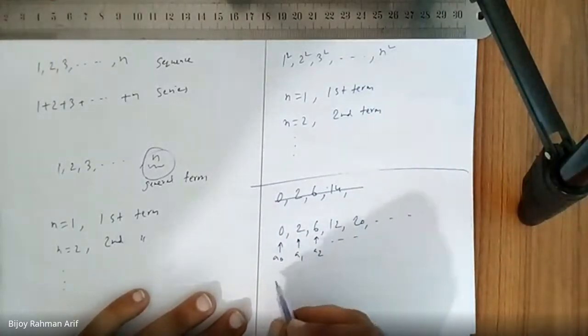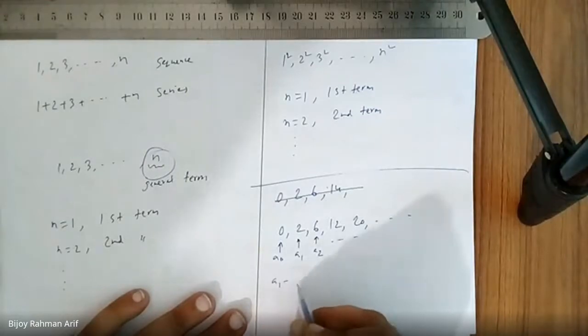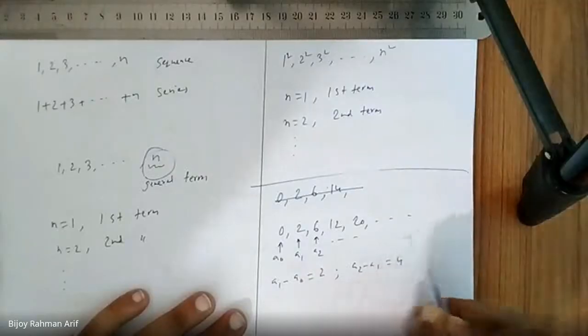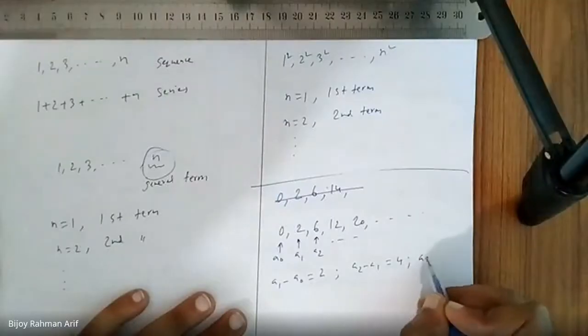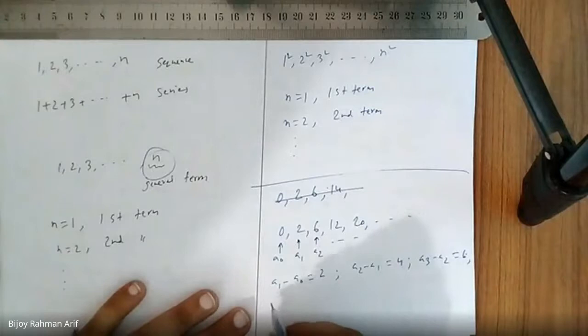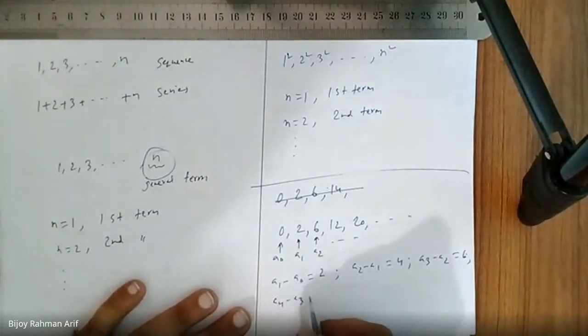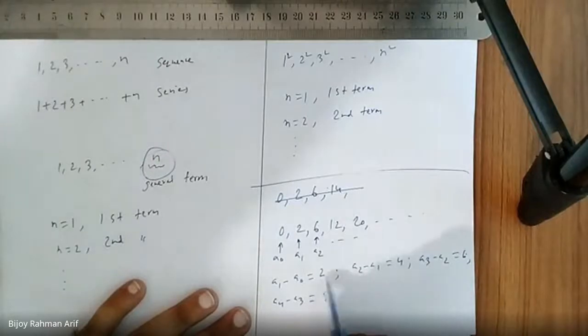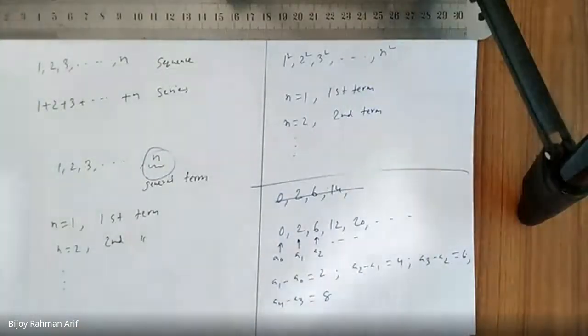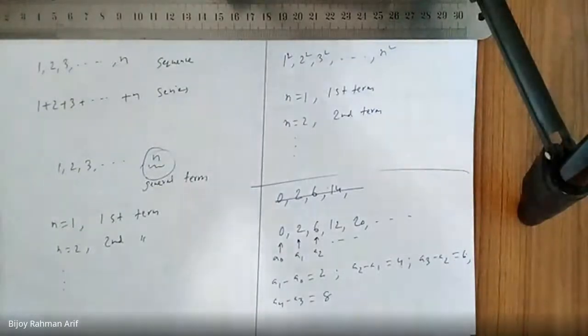দেখেন এ ওয়ান মাইনাস এ নট কত আসে? 2। এ টু মাইনাস এ ওয়ান কত আসে? 4। তারপর এ থ্রি মাইনাস এ টু কত আসে? 6। তারপর এ ফোর মাইনাস এ থ্রি কত আসবে? 8। তো এইটা বোঝা যাচ্ছে 2, 4, 6, এটা হচ্ছে গিয়ে so difference of their term is a recurrence relation, linear recurrence relation.